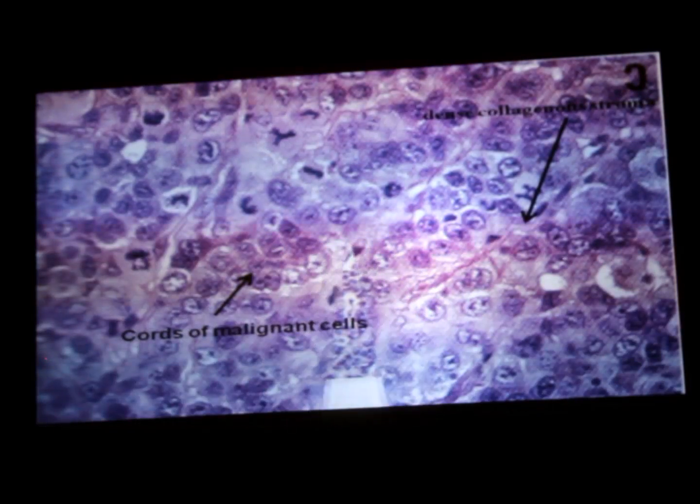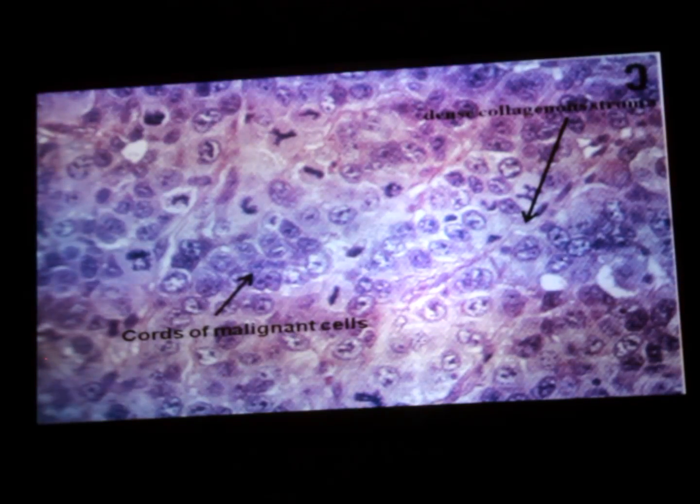These are malignant tumor cells, lobules, cords, sheets. This is the stroma, the connective tissue part. All these tumor cells are infiltrating or growing inside the stroma.